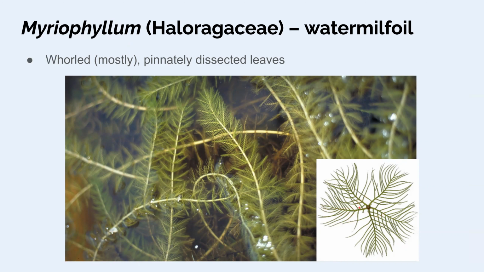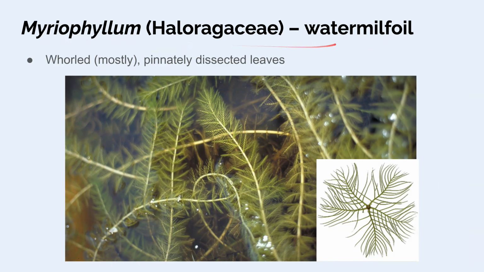So the pinnate venation is helpful for this group. They are whorled most of the time. There's a couple exceptions to that, but mostly whorled. And so that gives it this milfoil name. The milfoil is actually based on French. So mil for thousand and foil for leaf. So it's actually a pretty close translation to the genus name, Myriophyllum.